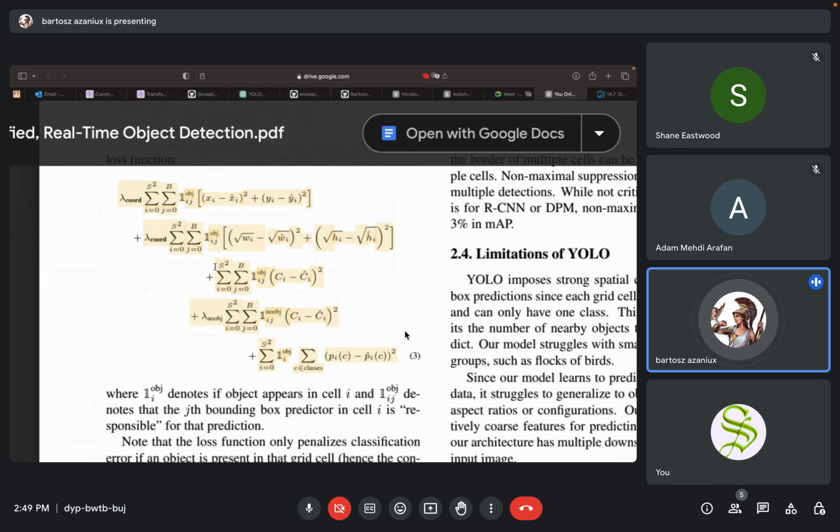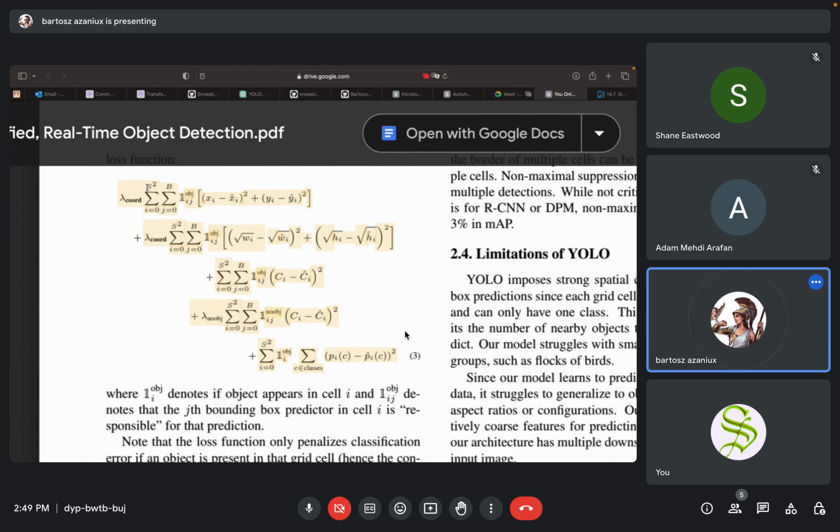I believe this is a kind of convoluted equation because they're summing over all of them. In object detection, you naturally can have multiple bounding boxes and multiple objects. This is the key problem of object detection as opposed to classification.